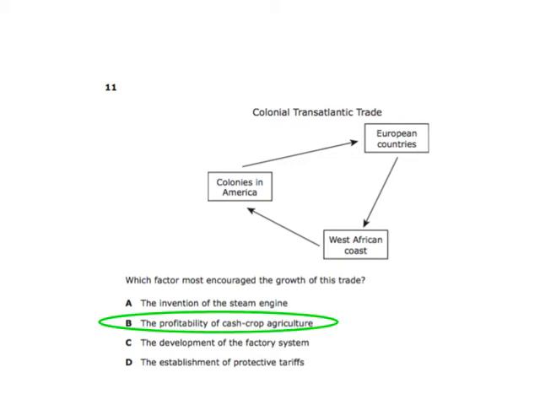We know that as they begin to make more money off of cash crops like cotton in the South, it became more profitable for them to get more slaves, which was what the colonial transatlantic slave trade was all about, right? West African coast, that's where they were stealing and kidnapping people to become slaves.